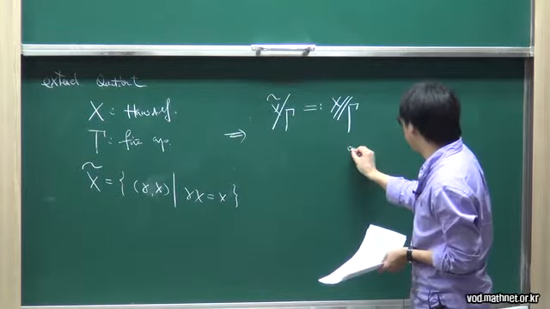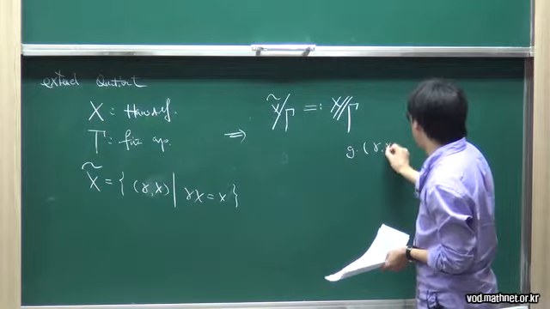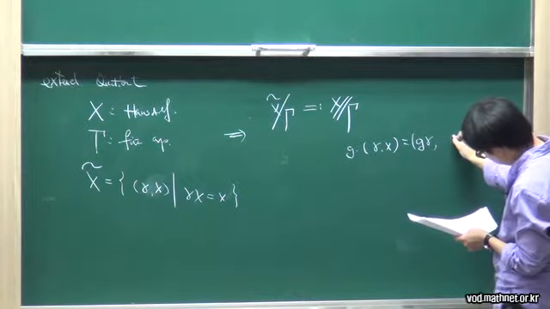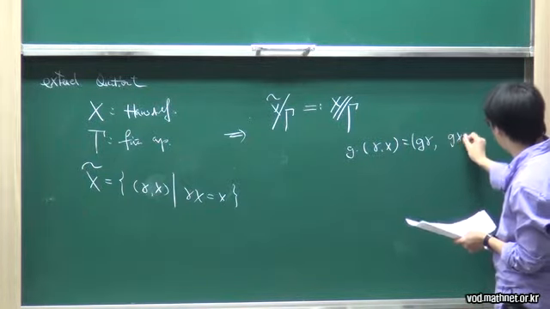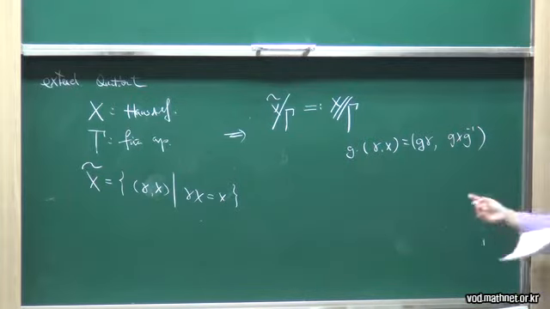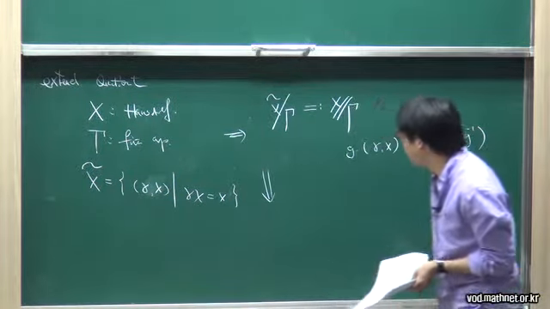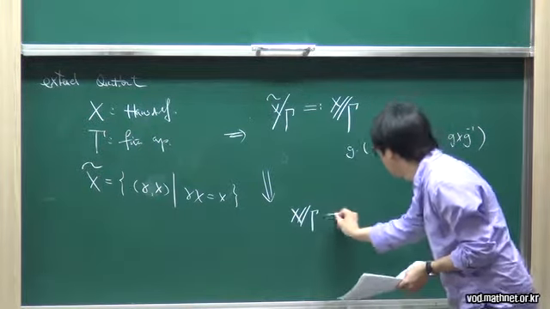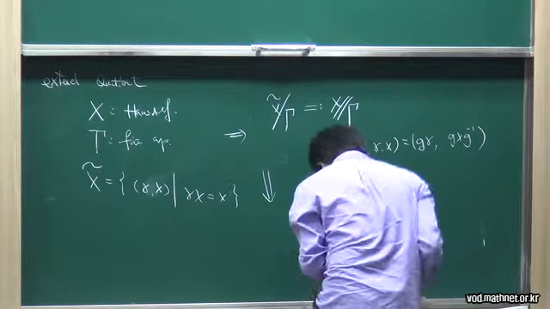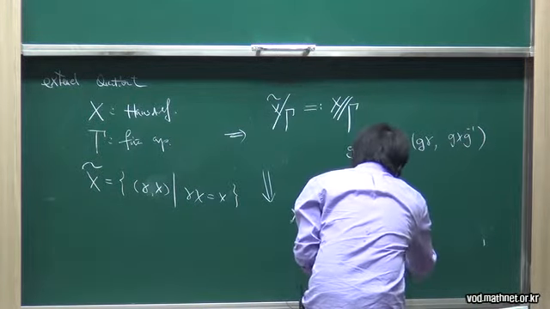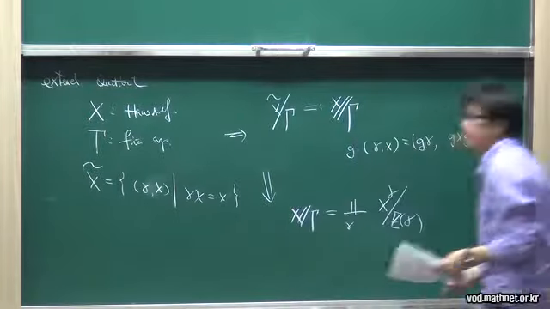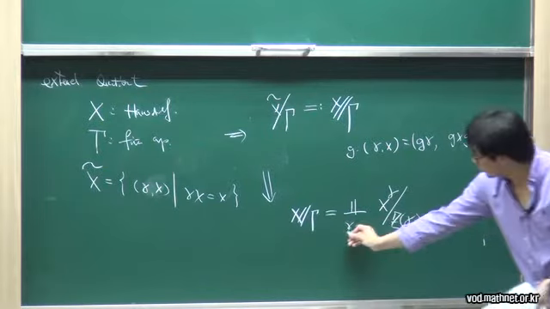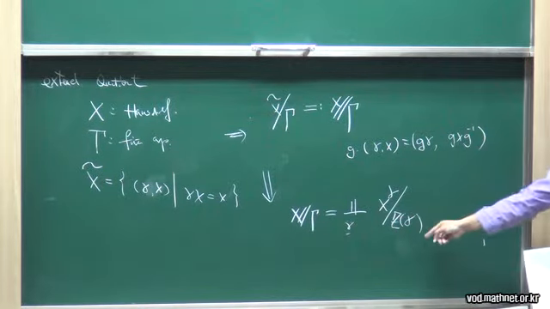The action here should be given by g sending (gamma, x) to (g gamma g inverse, gx). In fact, we can have such a decomposition. This is also a disjoint union of the different parts, where gamma runs through all the conjugacy classes of gamma here.